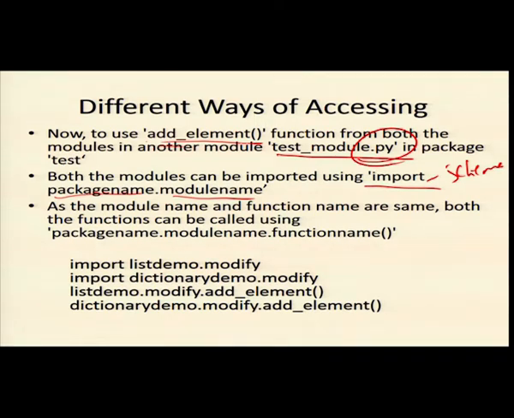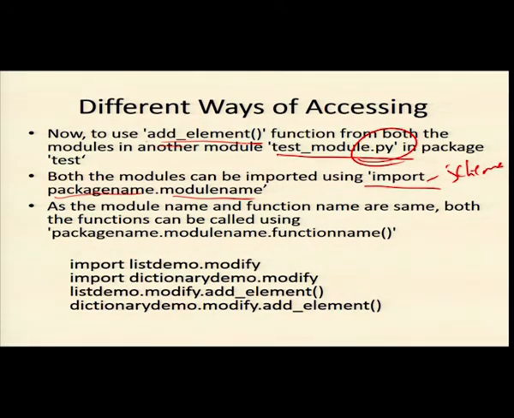All the module names and the function names are the same, and both functions can be called using a function name. When do you demarcate? Only by seeing the statements available in the function. So how do you call a function? I call a function through a module. How do I call a module? Through a package.